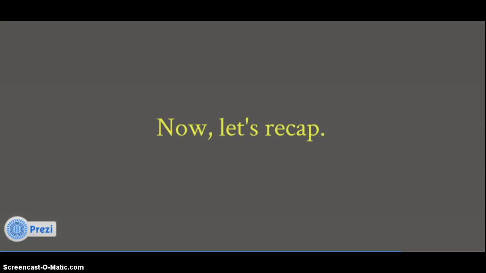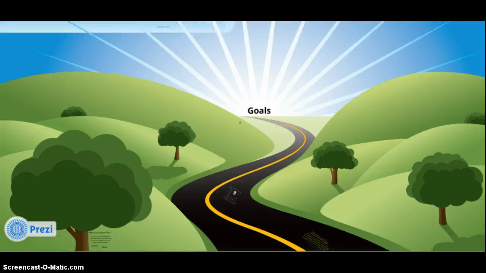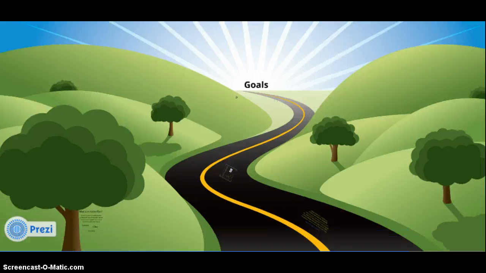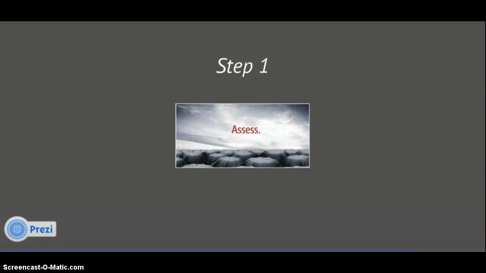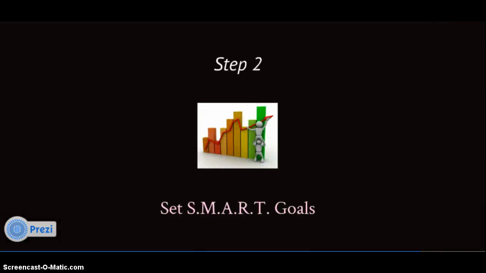Now let's recap. An action plan connects you from your current situation to your goals. Step one in drafting one is assess the current situation and assess the needs. Step two is to set SMART goals.